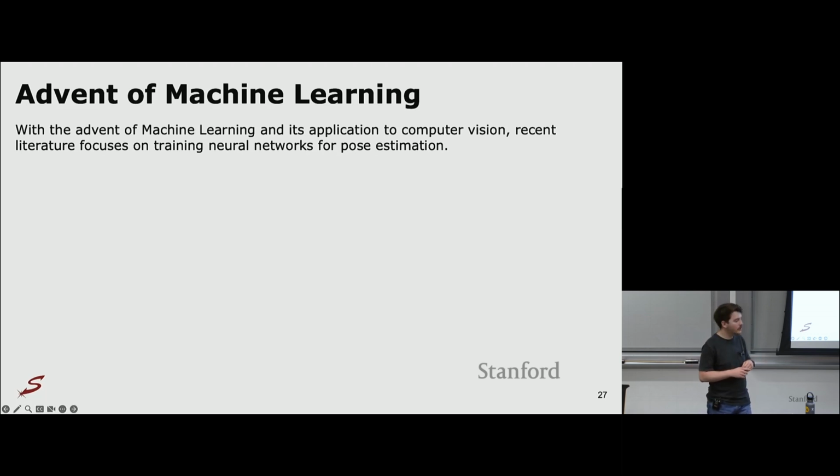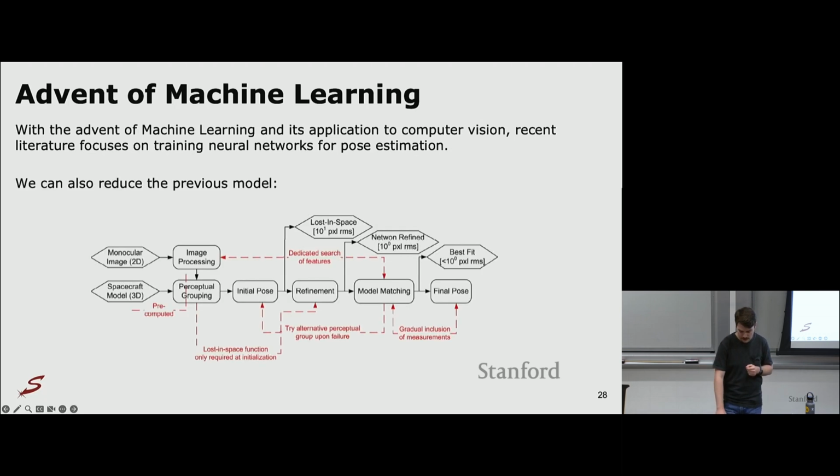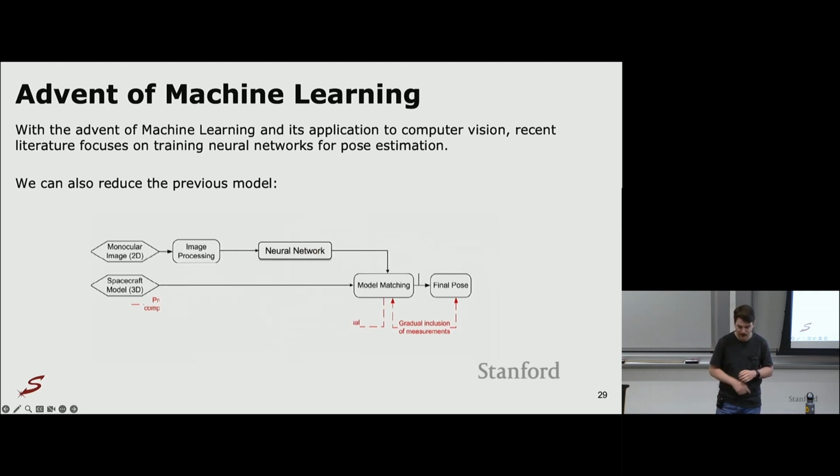And so a lot of the new literature focuses on training neural networks for this task. And a nice point from a presenter's perspective is that we can reduce this more complicated model with a lot of fine-tuning to a pretty simple model with a neural network. This is an oversimplification, but we'll get there.